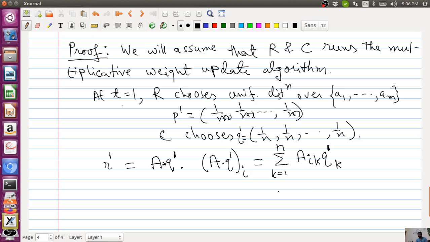So you can easily see this to be equal to e_i transpose A Q1, where e_i is the column vector with 1 at the ith entry and 0 elsewhere.